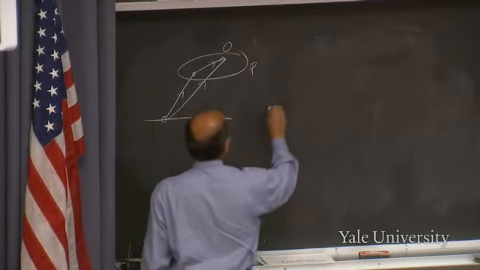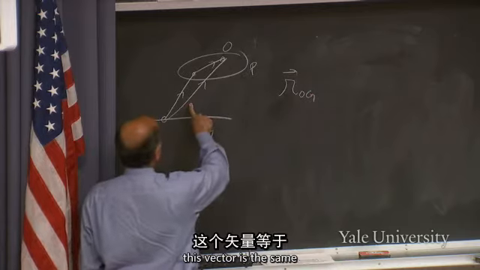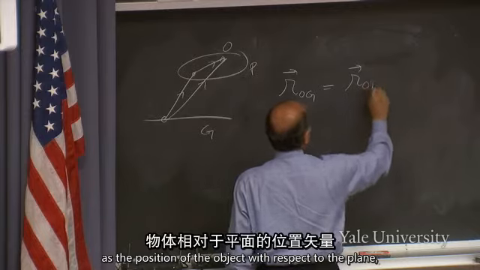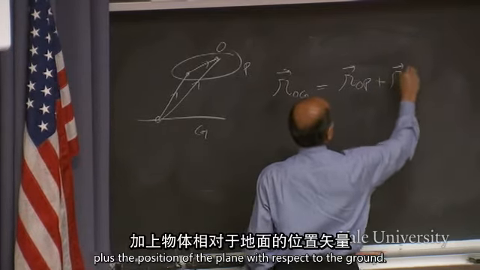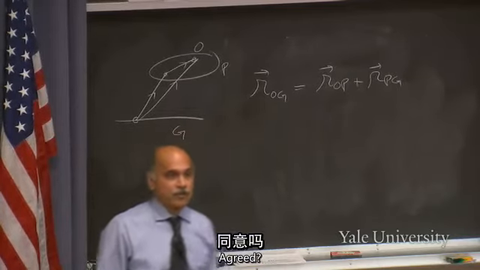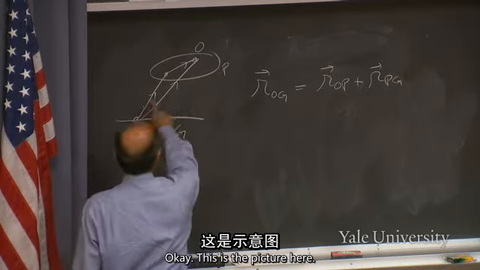I think it's clear the position of the object with respect to the ground, this vector, is the same as the position of the object with respect to the plane plus position of the plane with respect to the ground. You agree? Okay. This is the picture here.